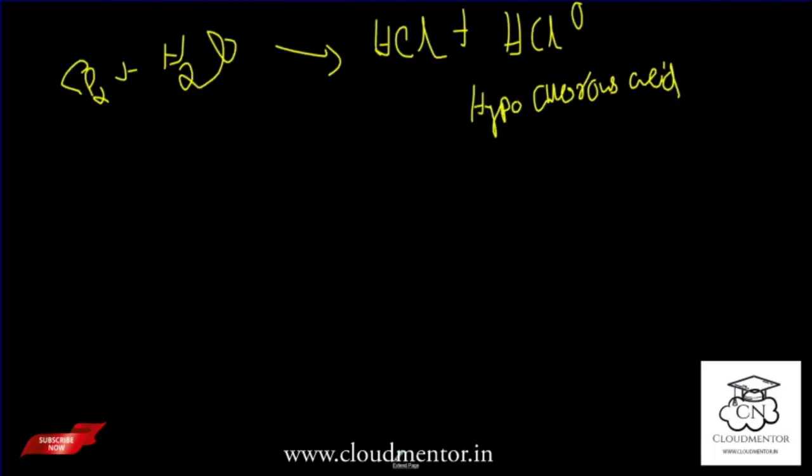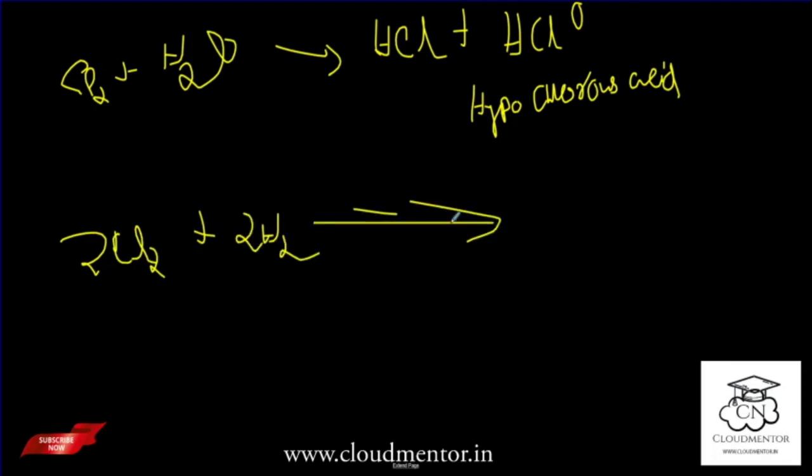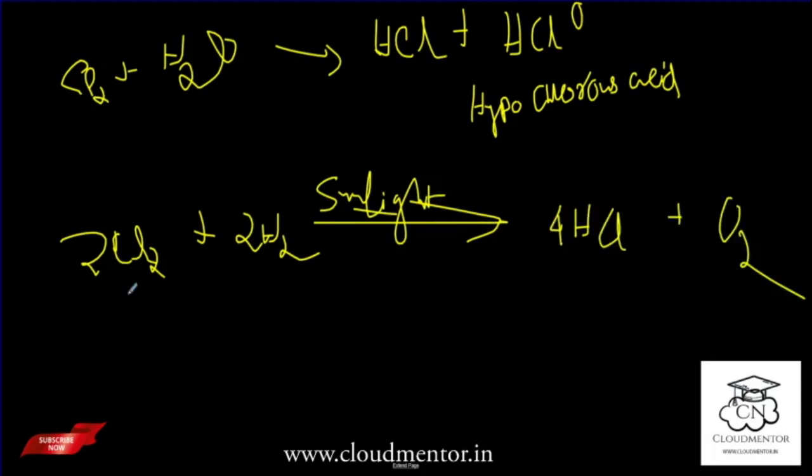However, in the presence of sunlight, only HCl is formed with the liberation of oxygen. If sunlight is present, we do not get the hypochlorous acid; only this reaction takes place, giving HCl and oxygen.